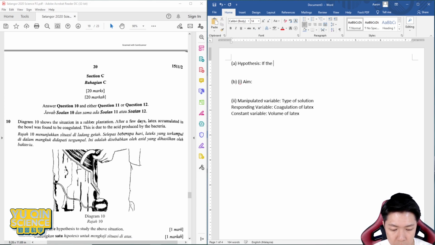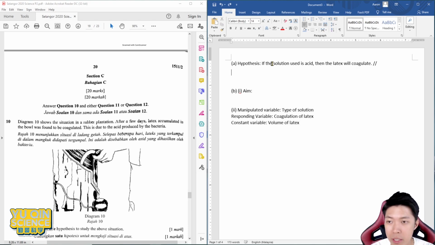If the solution used is acid, then the latex will coagulate. Okay, or the other type of answer will be the straightforward, compare one.